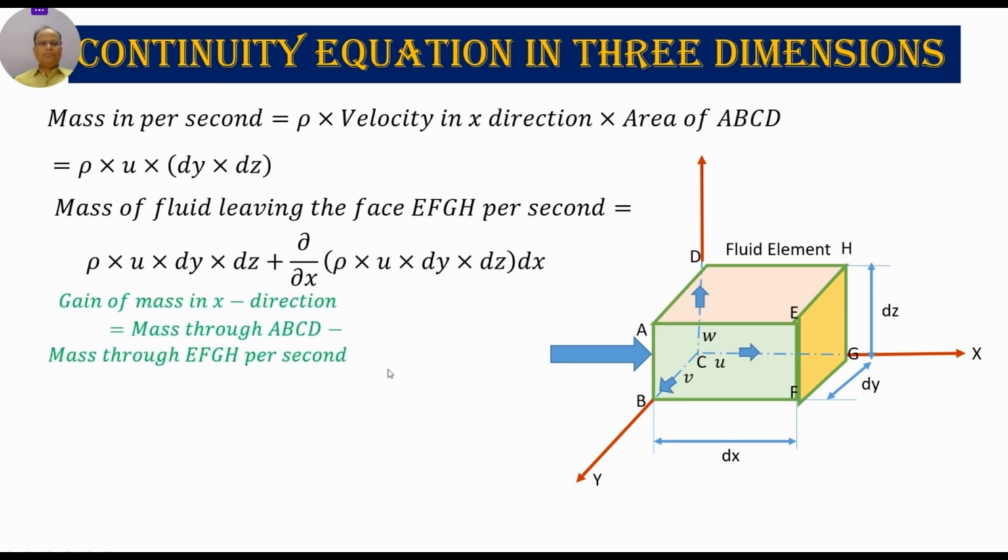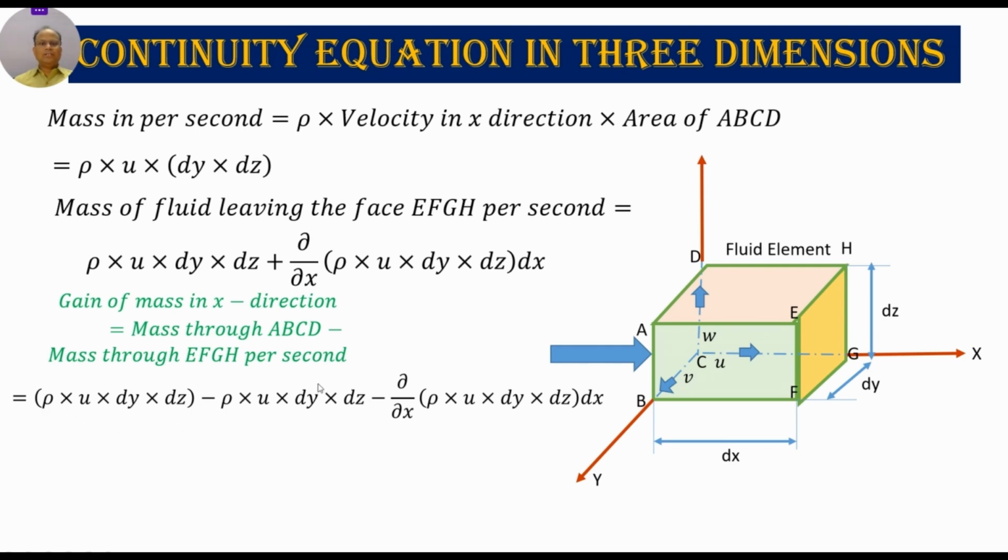Now we will find how much gain of mass there is in the x direction. This is nothing but the mass in minus mass out. So we write the equation: mass in, rho u dy dz, minus mass out, rho u dy dz, minus dou upon dou x rho u dy dz into dx.